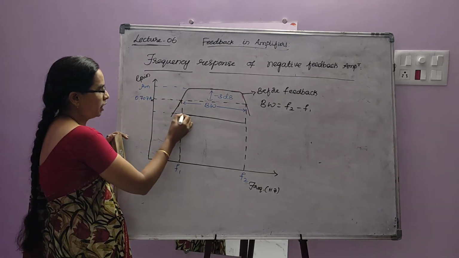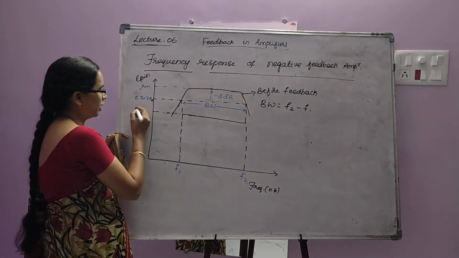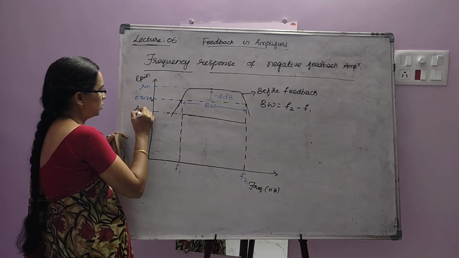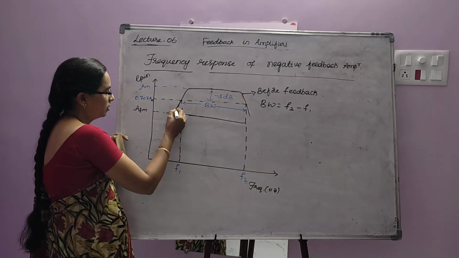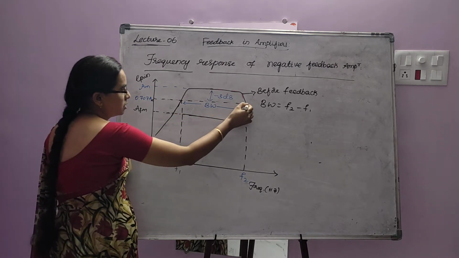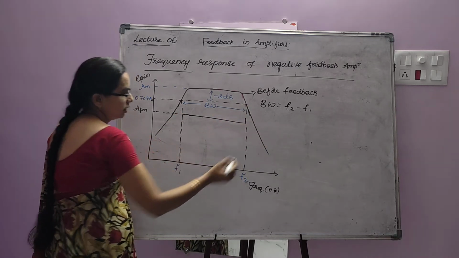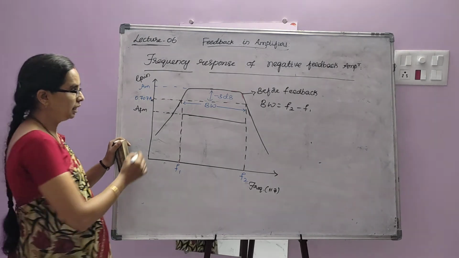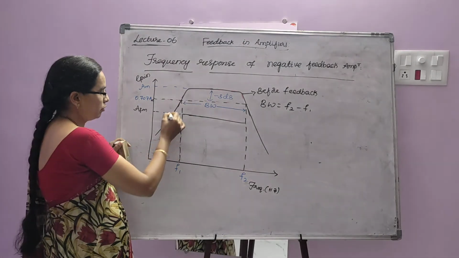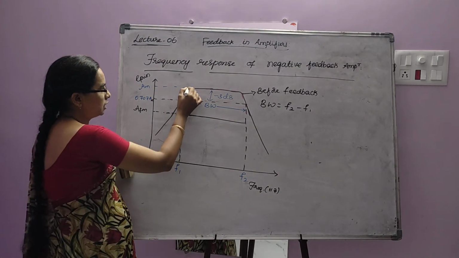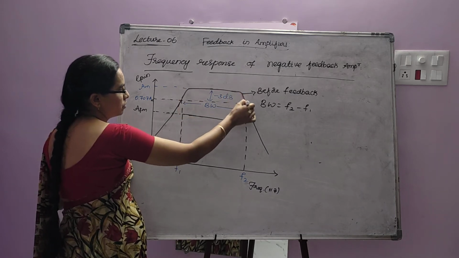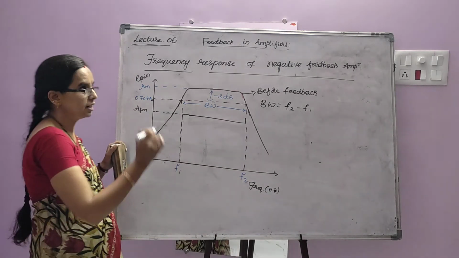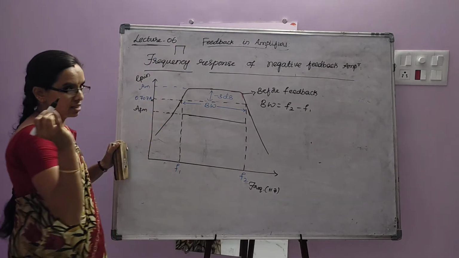The maximum gain I get after applying negative feedback is here, which I will call Afm. From this point the gain increases linearly with frequency, and after the upper cutoff frequency the gain decreases linearly. It is not a straight line like this, right?